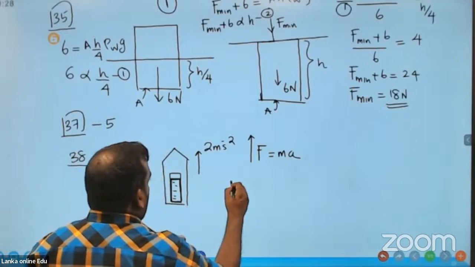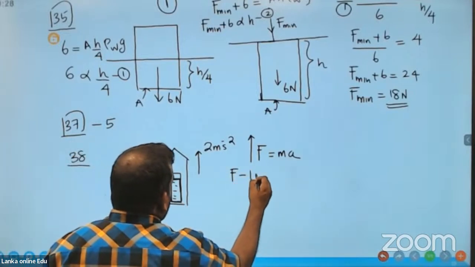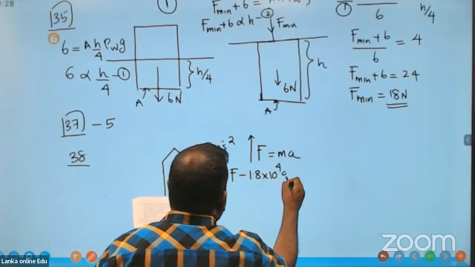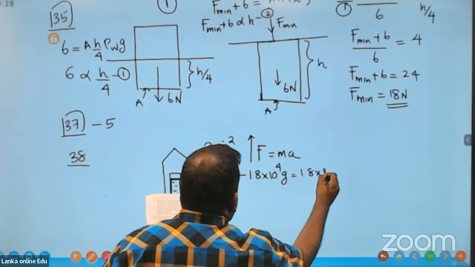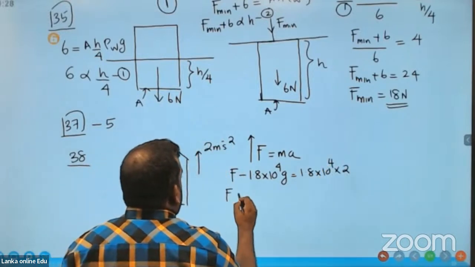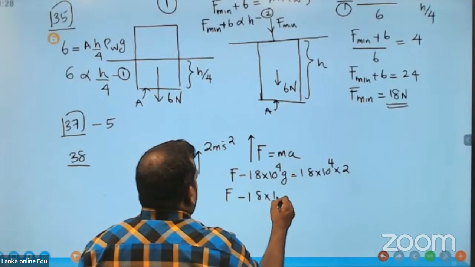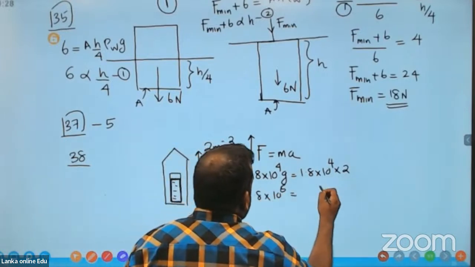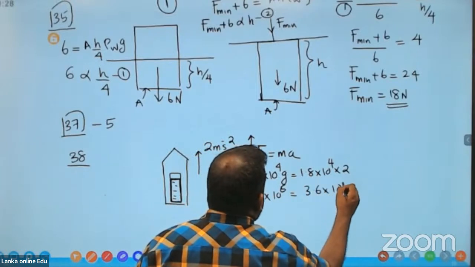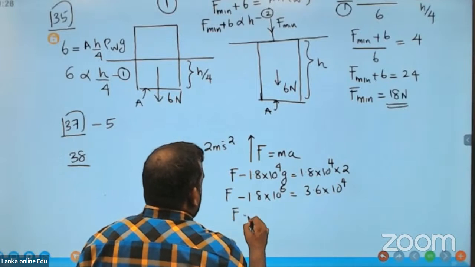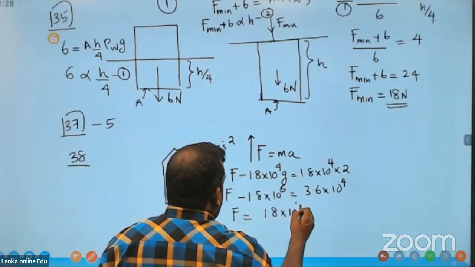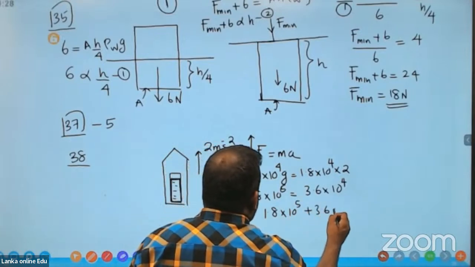So if you look at it very carefully, upward force minus weight, 1.8 10 to the power 4 times g. Mass is 1.8 10 to the power 4 times acceleration a. F is 1.8 10 to the power 5 plus 3.6 10 to the power 4.